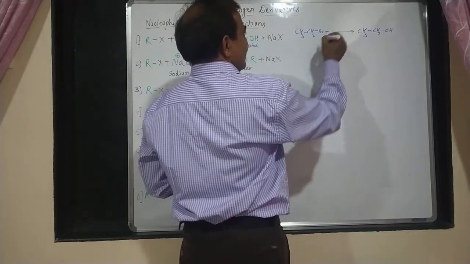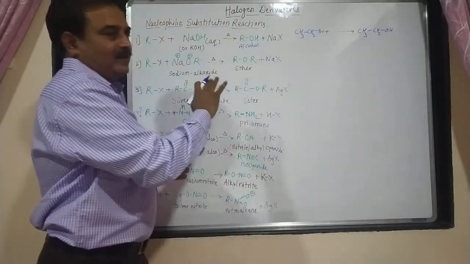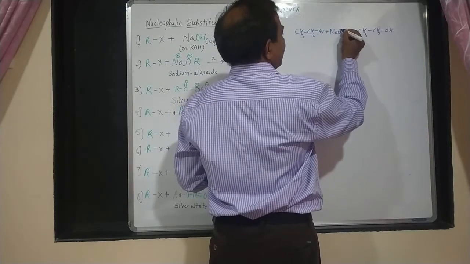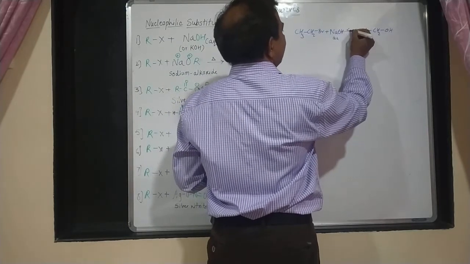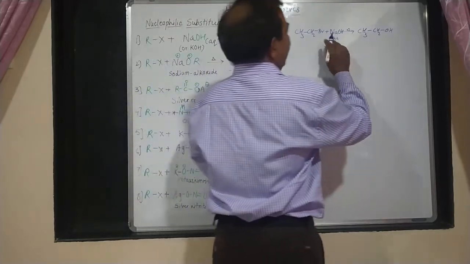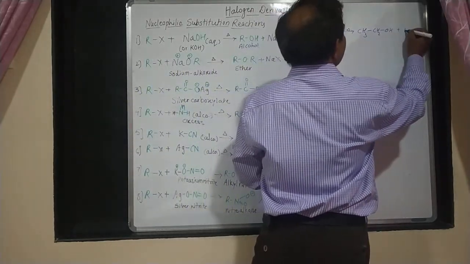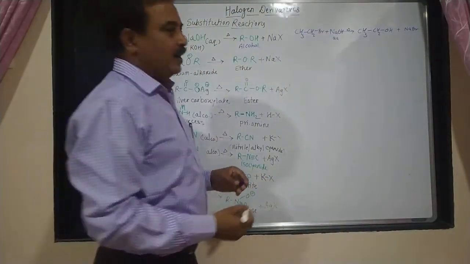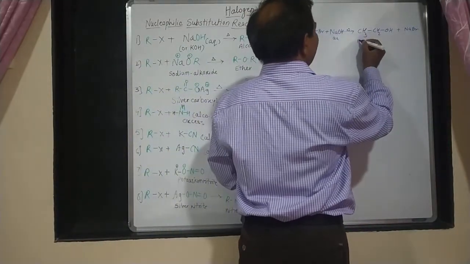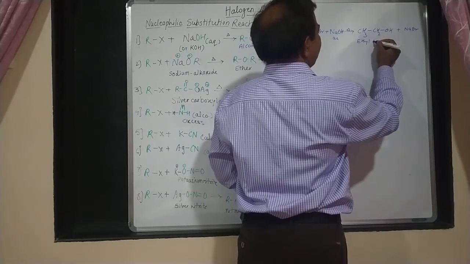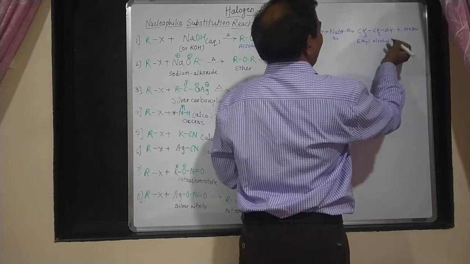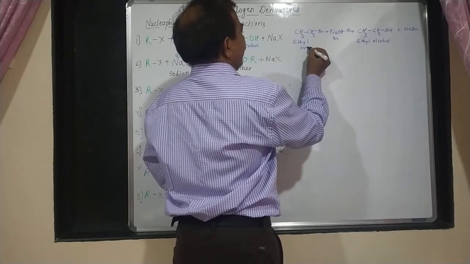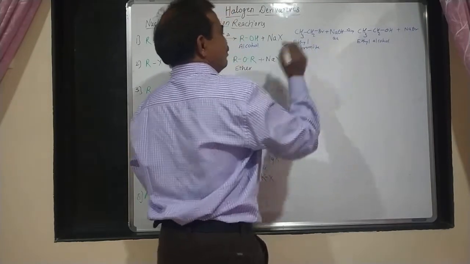Now for the reagent, you just put the reagent and the heating sign, and a substitution will take place, and another byproduct will be NaBr. In this way ethyl alcohol is prepared from ethyl bromide. This is a very simple reaction.